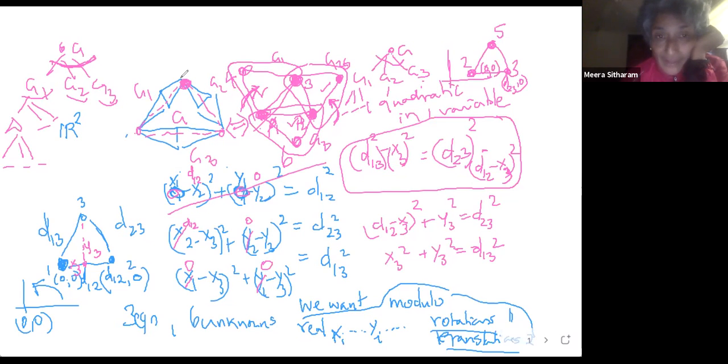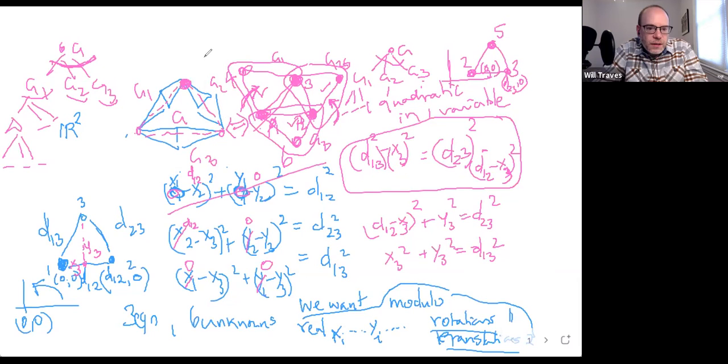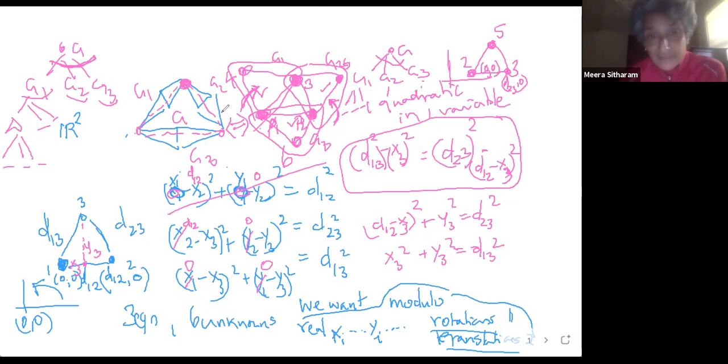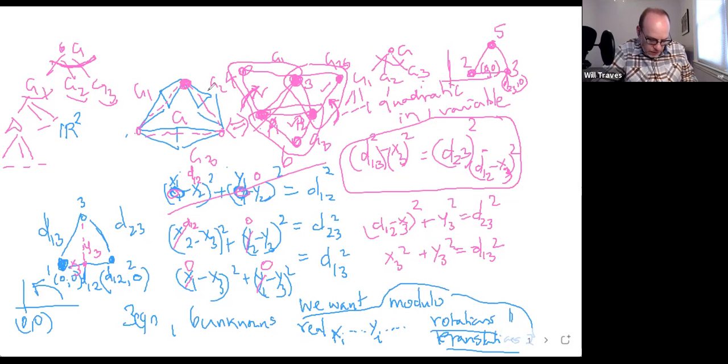Because we know that these 2 distances are what I got from the solution to this and the solution to this, I should be able to place this with that distance here, and the same thing here. I see. And so now all it takes is to find the rotation and translation that will put that in place. Change of basis.